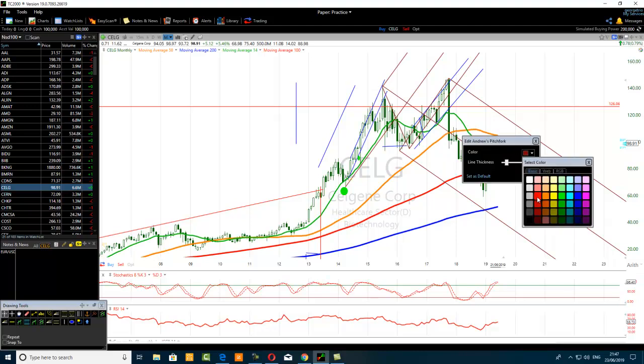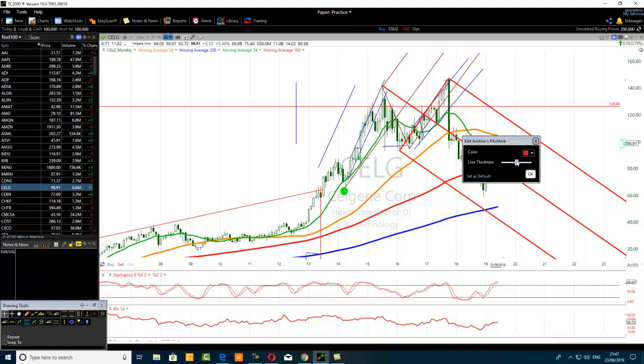So three points we need to use: the high of the fifth wave, the low of the A part of the flat correction, and the high of the B part of the flat correction. With those three points, we draw this pitchfork tool. Can you see the red one here? That's it. And you want to look for trading opportunity on or near the edge of the pitchfork tool.